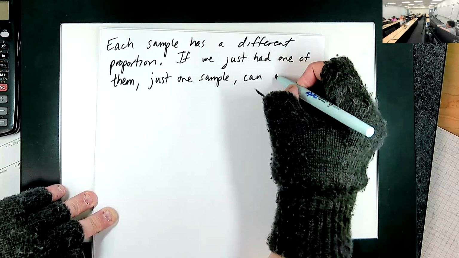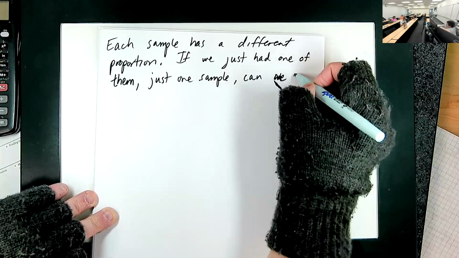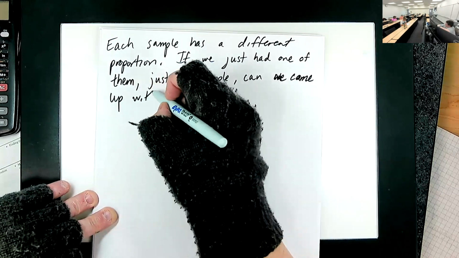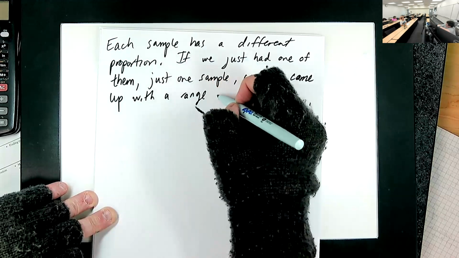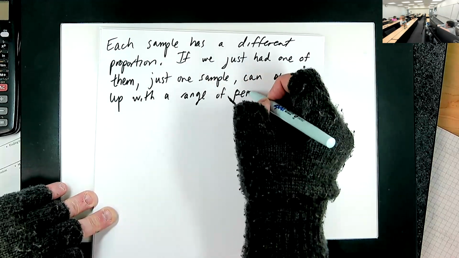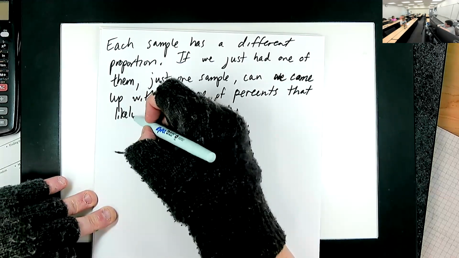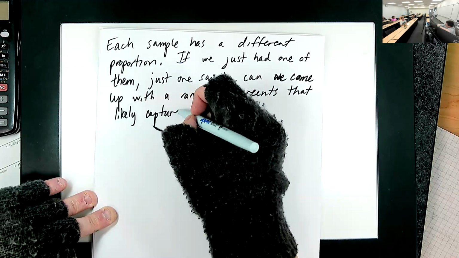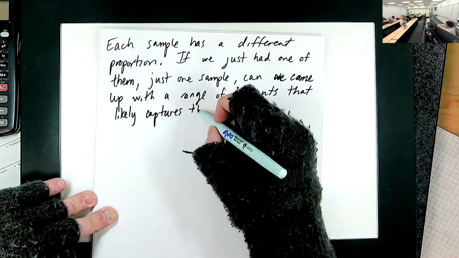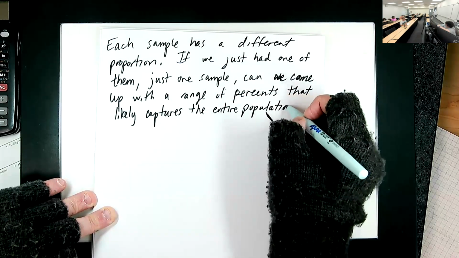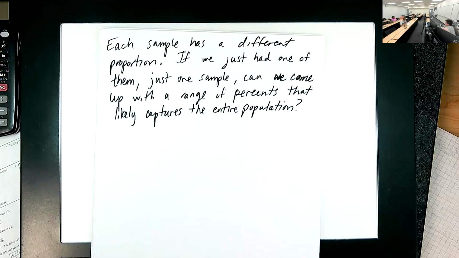Can we come up with a range of percents that likely captures the entire population? This is the idea behind inferential statistics.